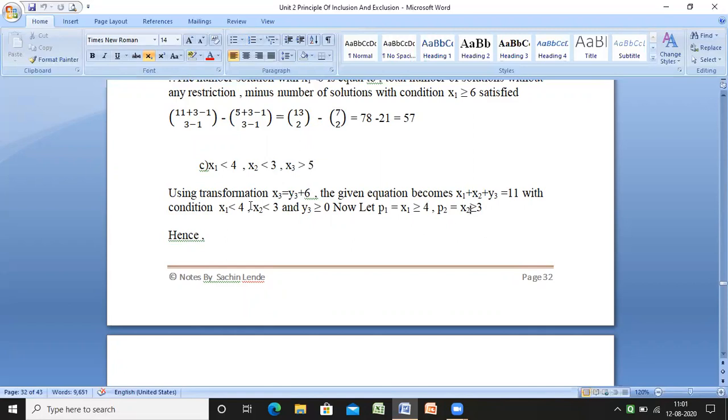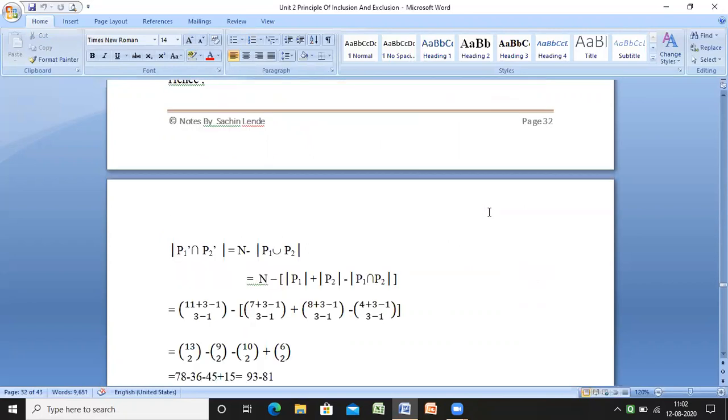So whatever condition we have right now, we give the complement of it, that means a complete reverse of it, x1 less than 4, x2 less than 3. We put the complement of that value, just like p1 means x1 is greater than or equal to 4, and p2 is x2 greater than or equal to 3.